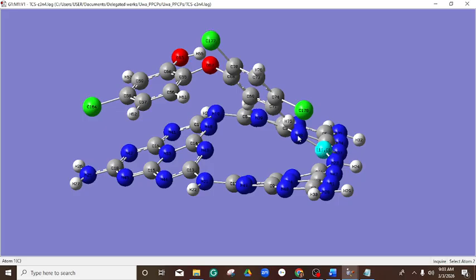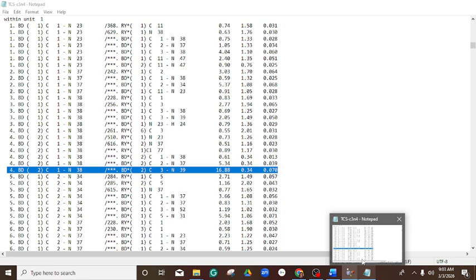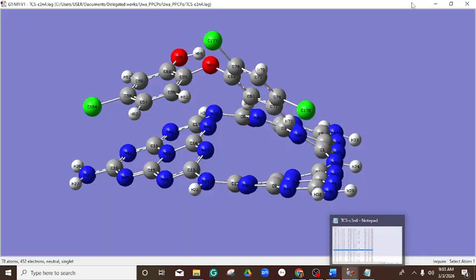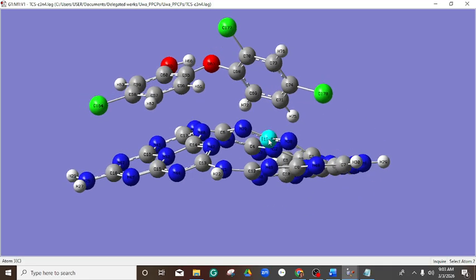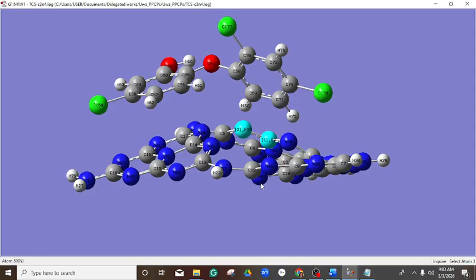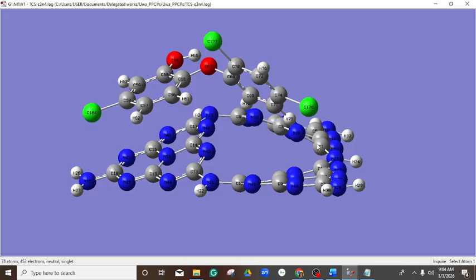C1 N38 on the donor side, and then C3 N39. Where is C3? Look at C3 N39. So you can see the electrons are just moving on a straight line. So the bond between C1 N38 is giving electrons to C3 N39. So electrons just moved like this.